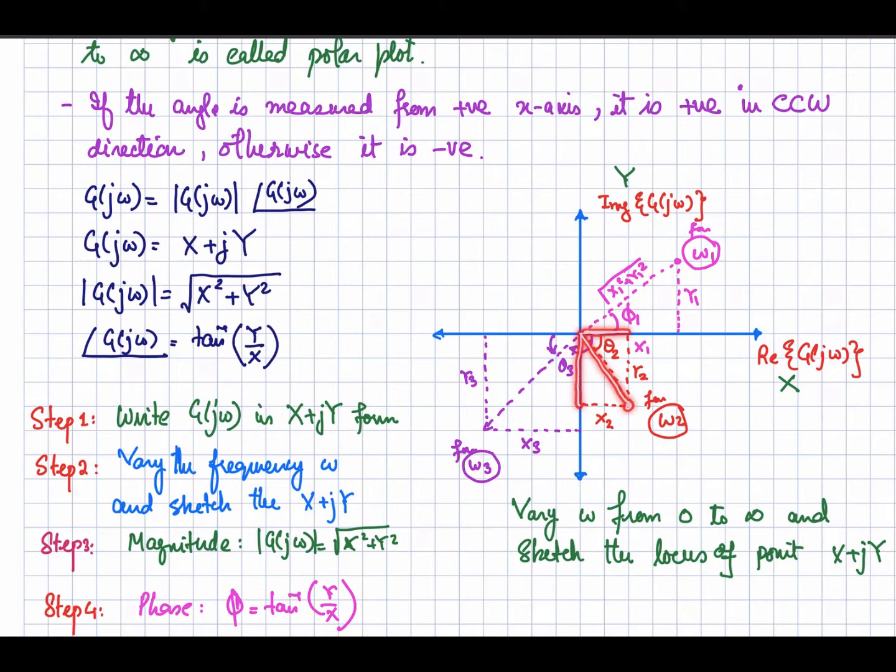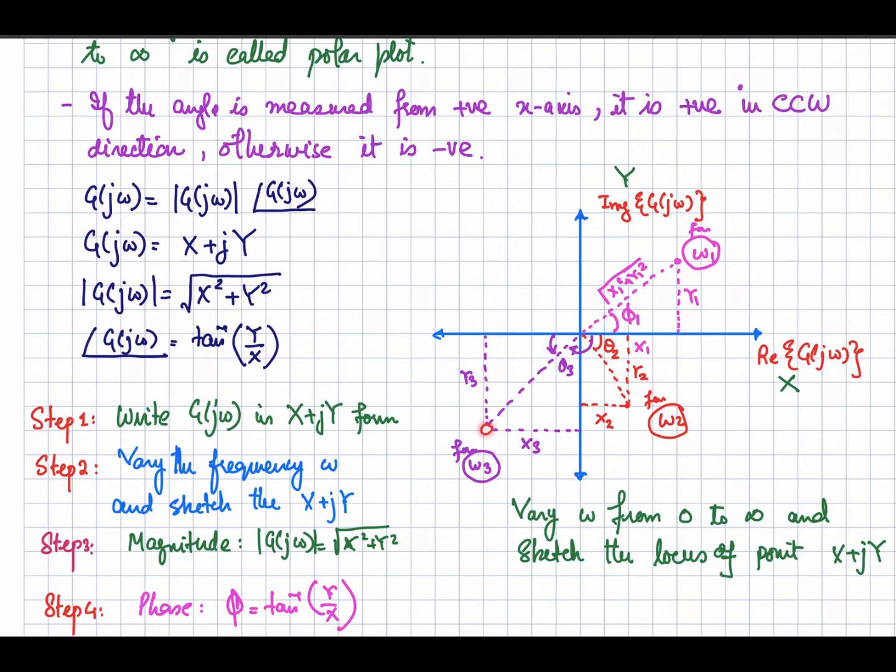This represents the phase theta 2, and this is the magnitude from the origin to that point, which is the square root of x2 squared plus y2 squared. So at that particular frequency ω2, your sinusoidal transfer function has this phase and magnitude.